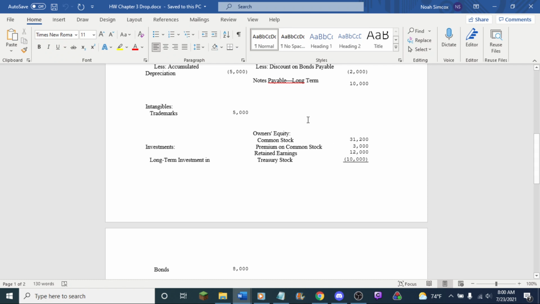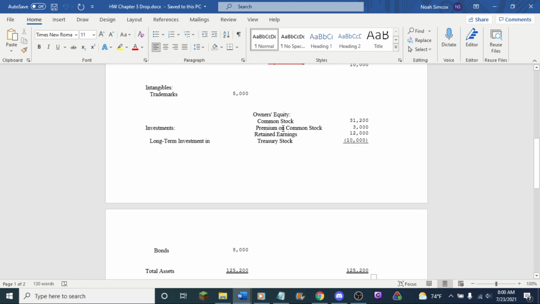Retained earnings. Treasury stock you subtract from the retained earnings. Okay. Wait, you would think treasury stock... For some reason, what they do, they put treasury stock underneath retained earnings.